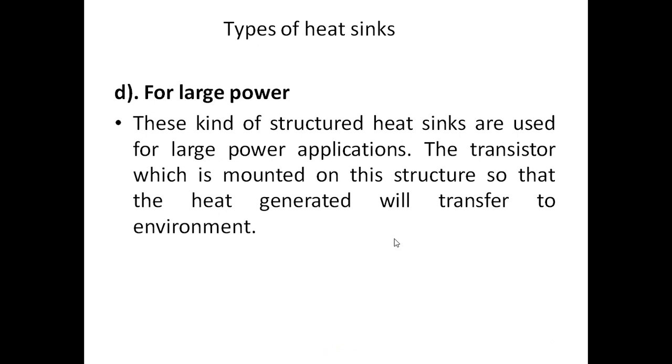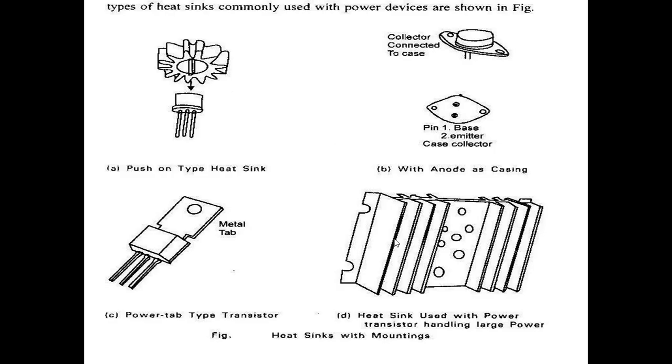Last one, for large power applications, a metal type heat sink is used onto which the transistor can be mounted. More holes are provided, through which air flows easily, so the transistor cools immediately because heat transfer to the environment is easy through these holes.